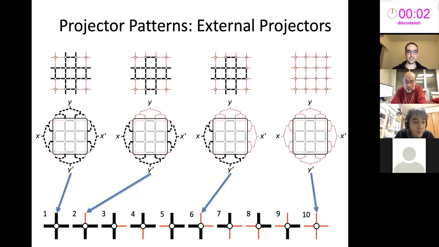Yeah, so very strictly speaking, there are more types of boundaries, but it's actually sufficient to use these non-homogeneous and homogeneous projectors as we defined.